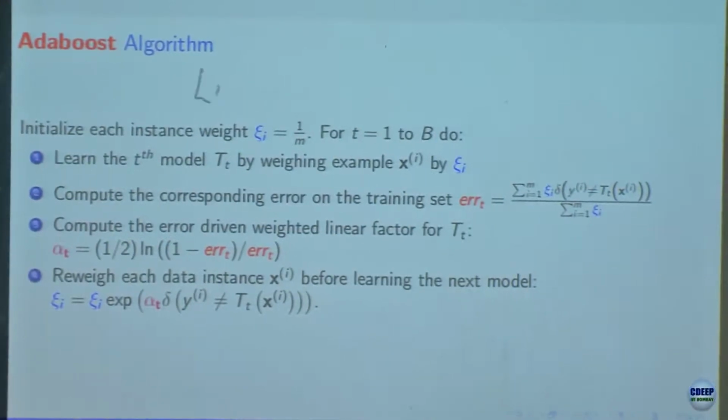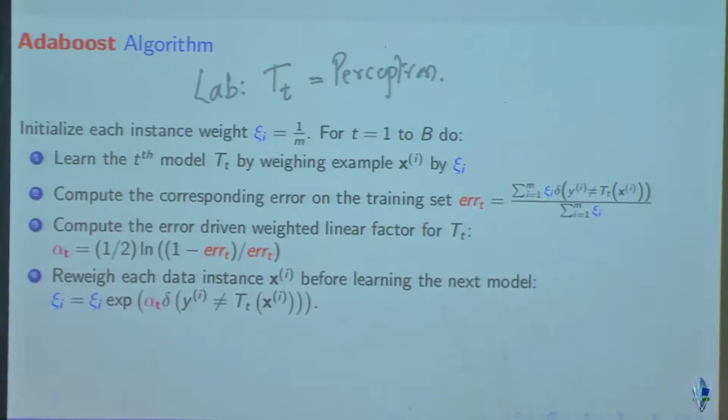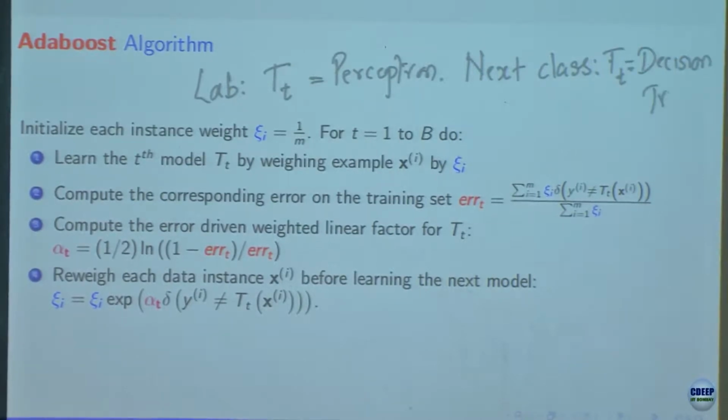As I said, in the lab your T_t will be perceptron. In the next class we will consider T_t to be decision tree, because decision trees are favorites for both bagging and boosting.